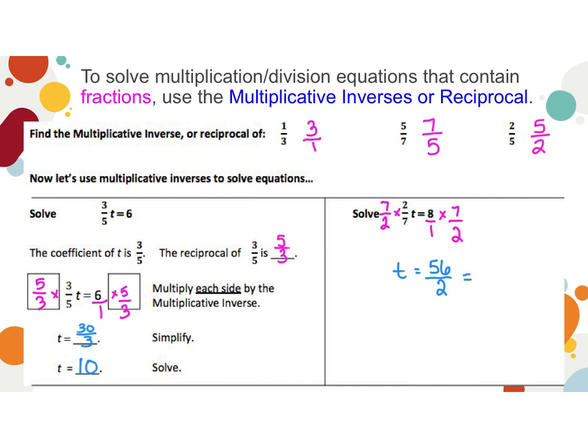So 56 over 2 is equal to 28 over 1 when we divide both numbers by 2. And that is equal to 28 wholes. So t equals 28.